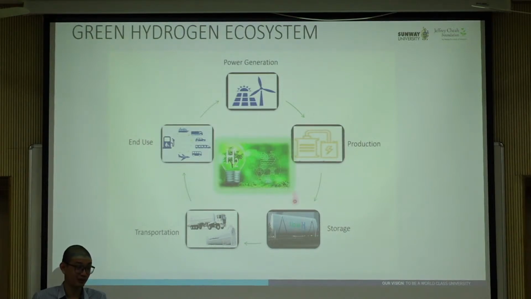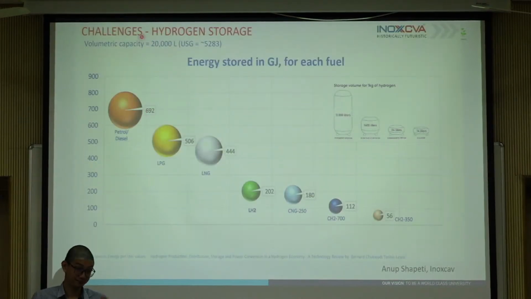So the first challenge is storage, because for the production technology, just now I briefly showed you there are a lot, correct? And the main challenge comes from storage. You see the storage in gigajoules of each fuel. This is all hydrogen: liquid hydrogen, and compressed hydrogen at different pressures, 700 bar and 350 bar.